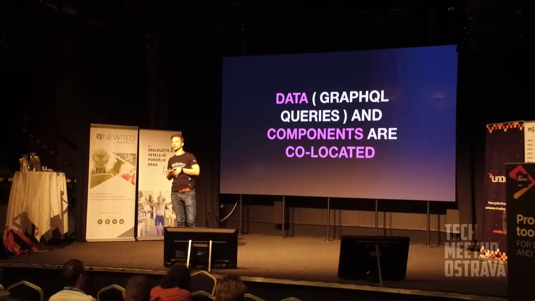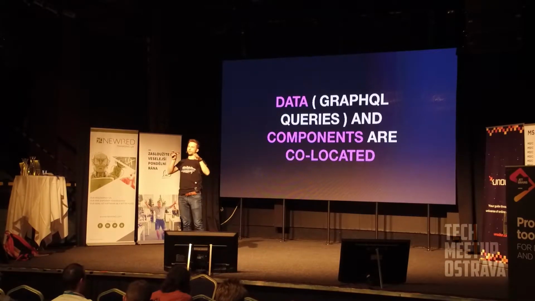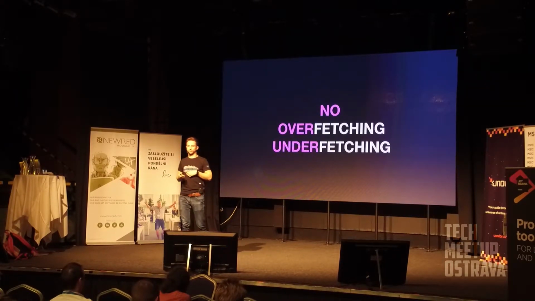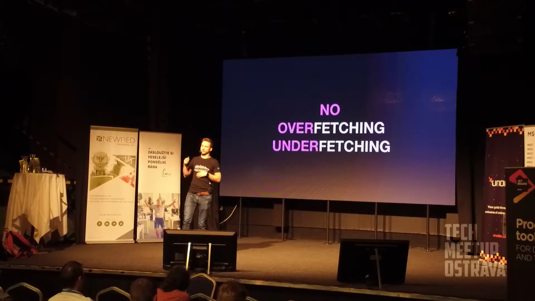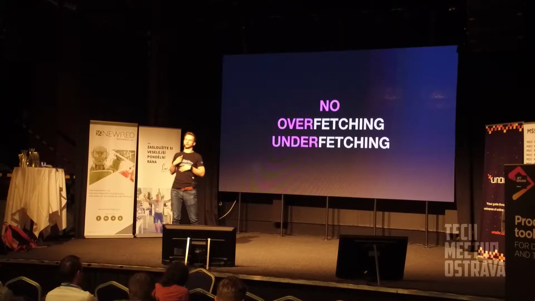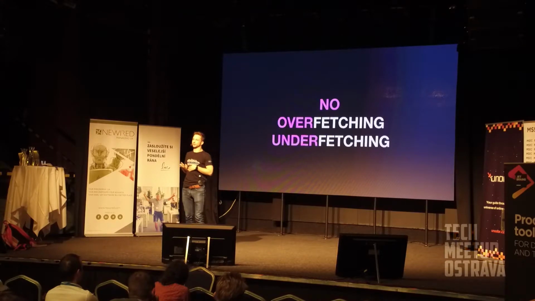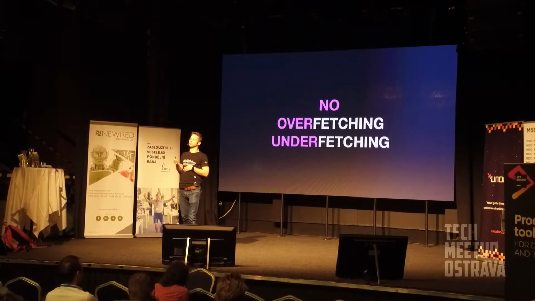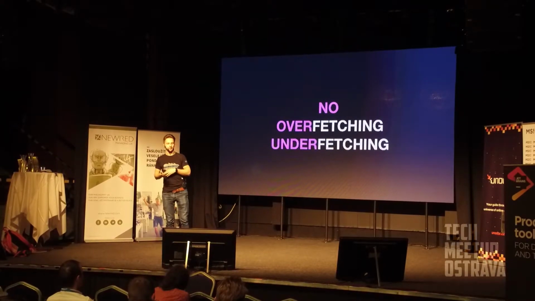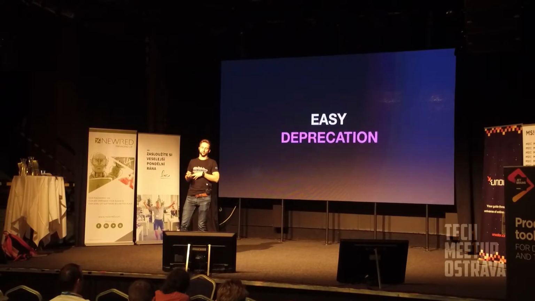This is named colocation, when your data requirements are colocated with component code. Because your component tells exactly which fields it wants, it will get those fields. Even if the server does not provide some field, it will get null at least. The responses will not be broken if some field is not there, and there will be no overfetching and underfetching.